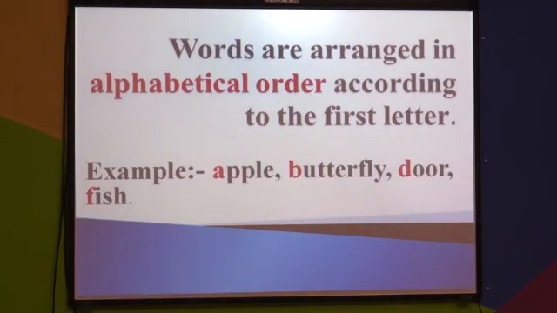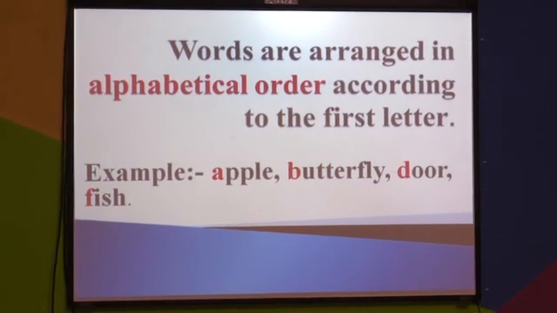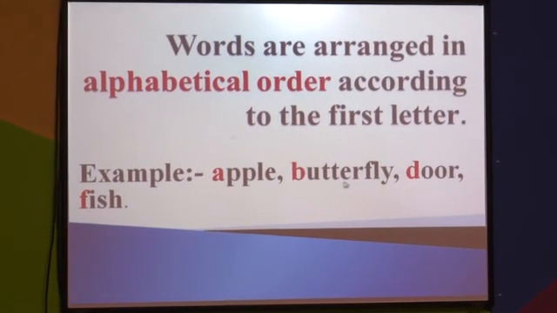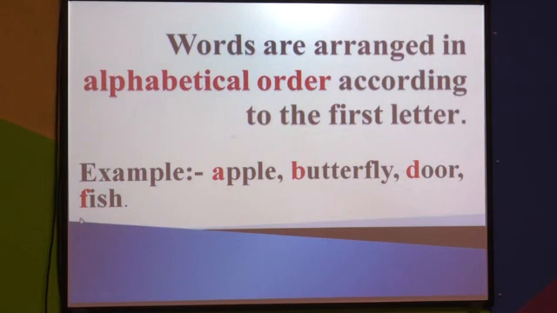Again next we have seen the words are arranged in alphabetical order according to the first letter. While arranging the words, we are going to see the first letter of each word.